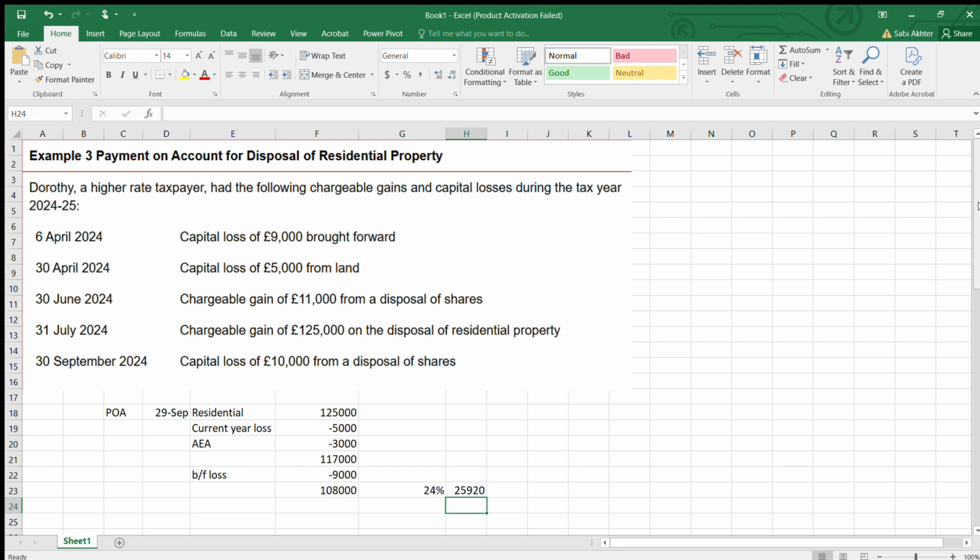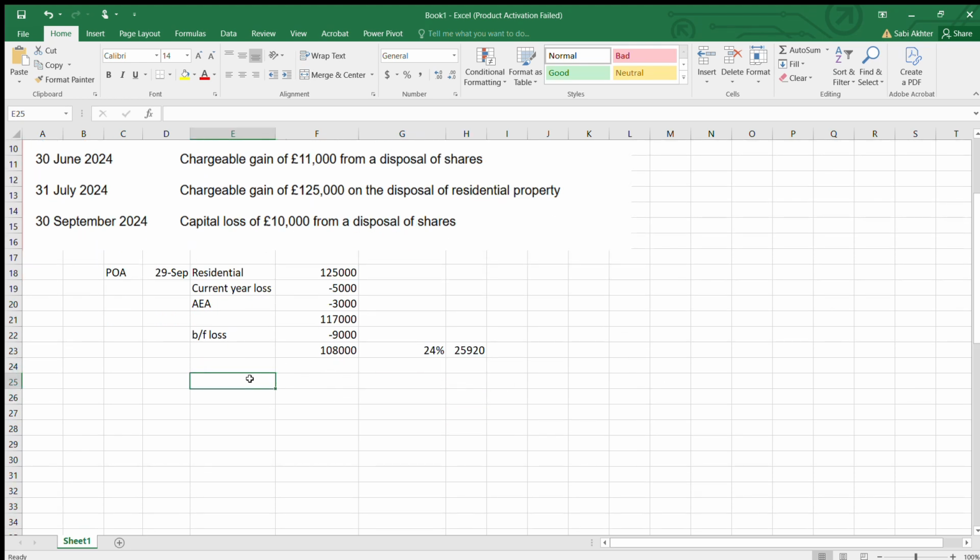On 31st Jan 2026, your CGT would be again your residential property gain 125,000. From here we will be deducting the losses. So when we are deducting the losses, now we take the 10,000.